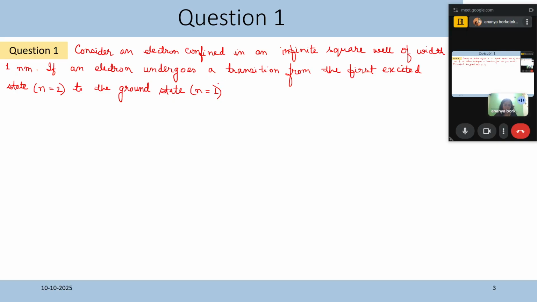We know that n cannot be 0, right? We have solved Schrodinger's equation in an infinite square well.